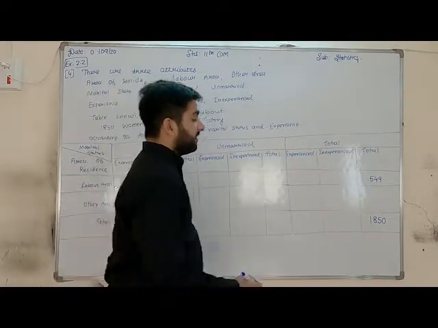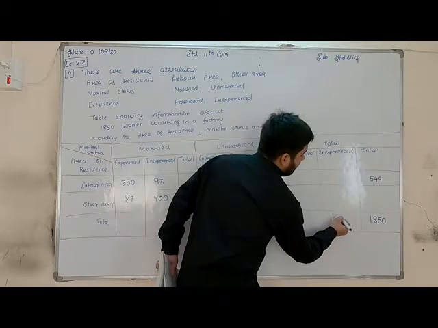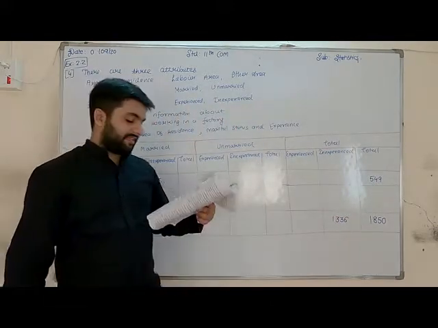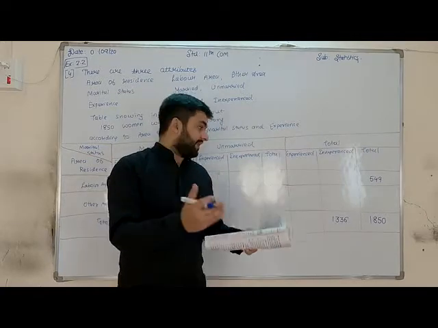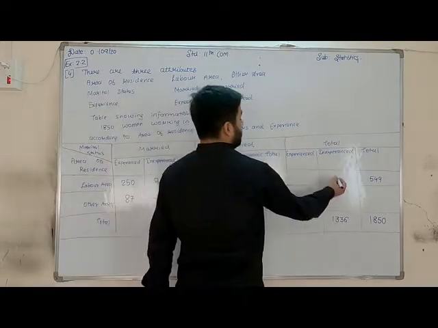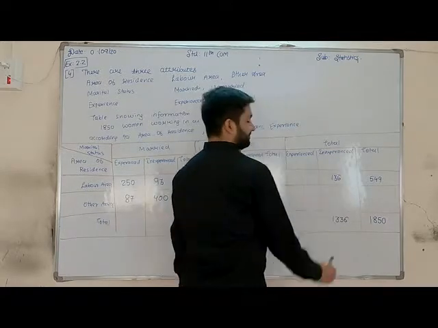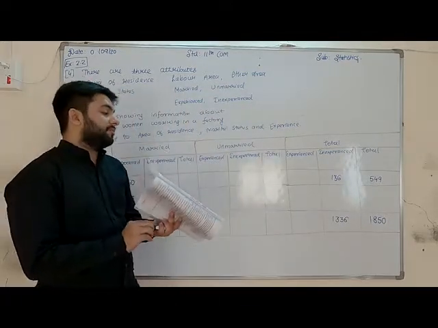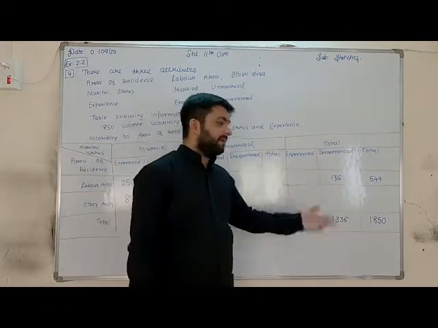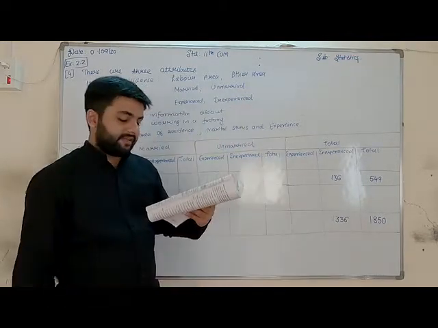They are not talking about the area, so the grand total of inexperienced women was 1336, and out of these 1336, 136 were from labor area. So labor area is this.